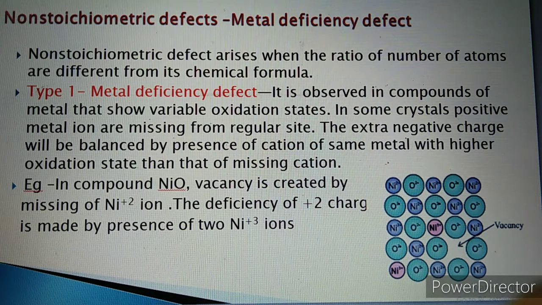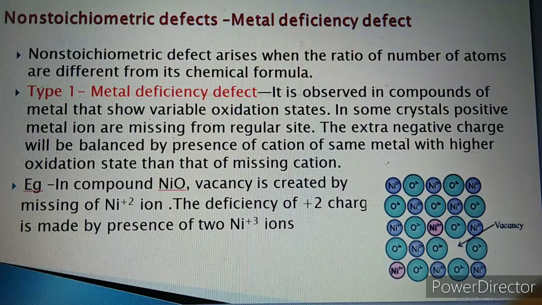Again, the same cation we are adding, the cation of Ni, but its oxidation state is higher than that of the missing cation. The missing cation is Ni+2. We are adding the cation of Ni with +3 oxidation state. So because of addition of Ni+3 ion of the same metal with higher oxidation state than that of the missing cation, the extra negative charge will be balanced. And this defect is called a metal deficiency defect.